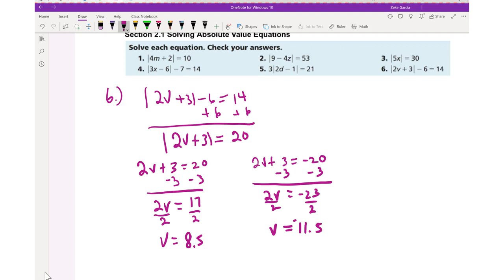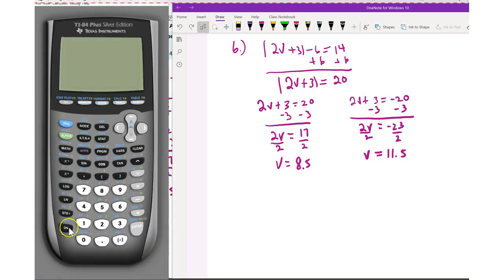So what I'm going to do, I'm going to go ahead and check this out. Okay, so I'm going to go ahead and show you how you can do it on the calculator. If I can get it on. Okay, so I have it on now. Mode, calculate, math. I think it was math.